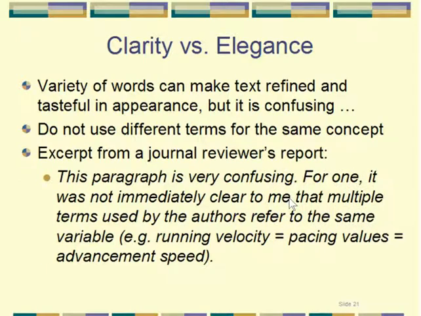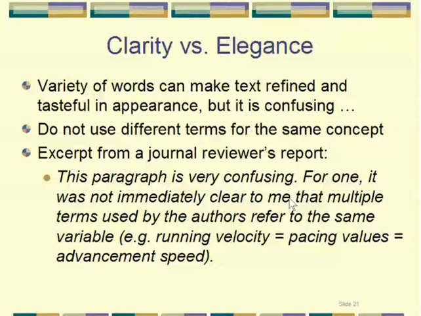Look at this excerpt from a journal reviewer's report on a paper which was submitted and was playing this trick of using different words, different terms to refer to the same construct. And the comment of the reviewer is, this paragraph is very confusing. For one, it was not immediately clear to me the multiple terms used by the authors refer to the same variable.